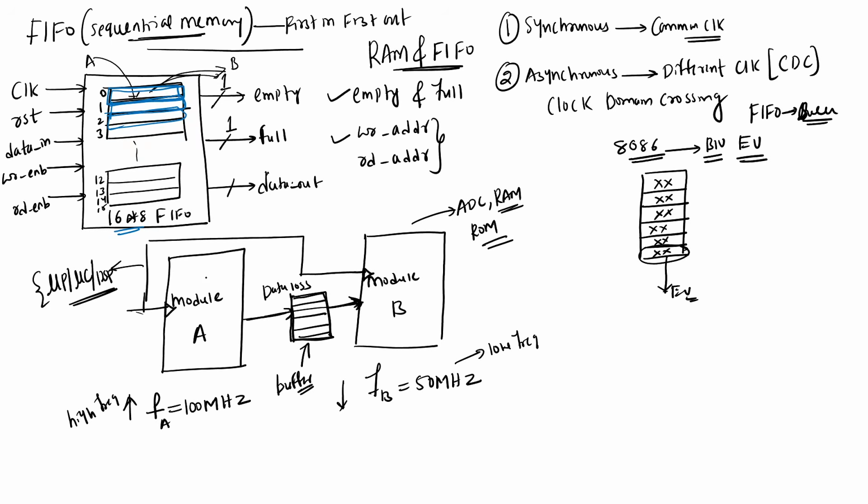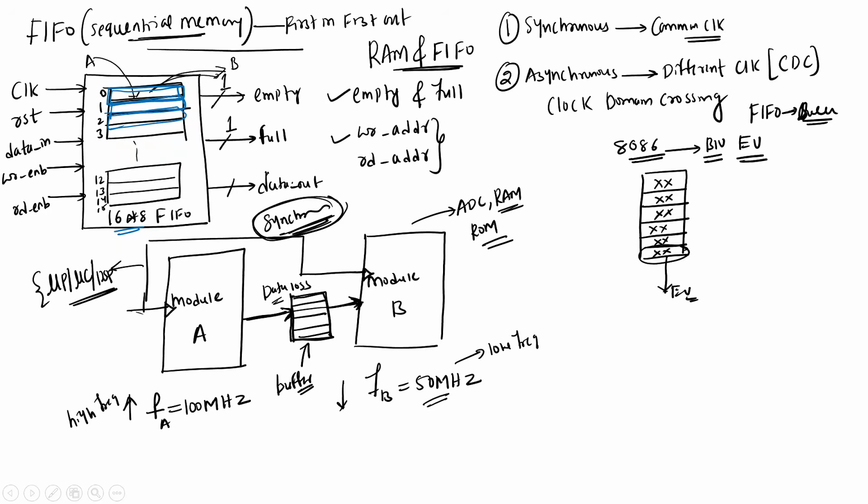I told you two modules are there. One module is operating at high frequency, another module is operating at low frequency. So when module A is trying to transfer data to module B, there is a chance of data loss. This is for synchronization purpose only. Both are operating at different frequencies, there is no synchronization, that's why there is a chance of data loss.